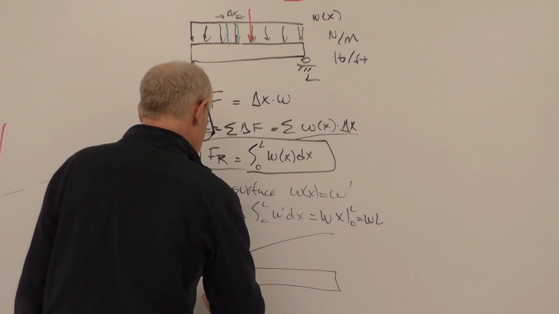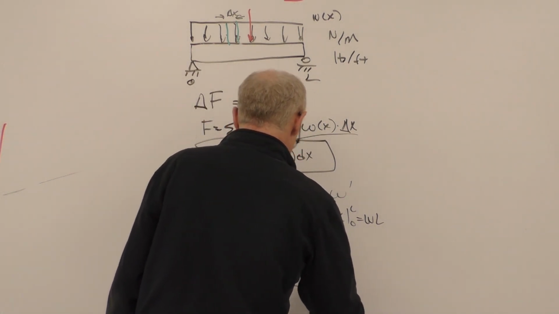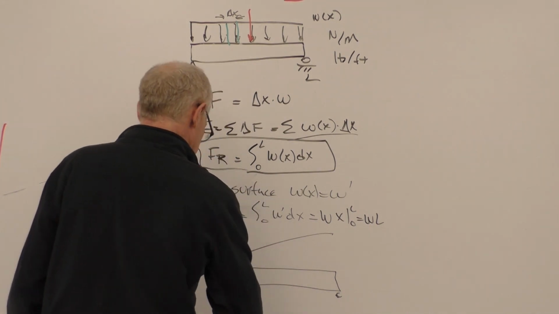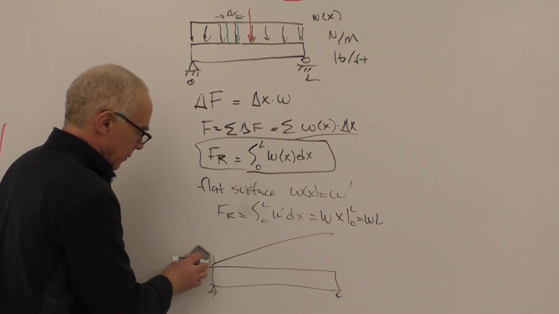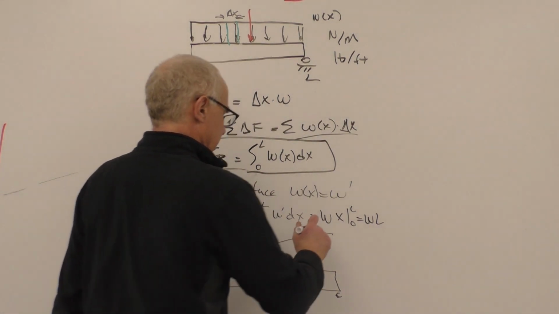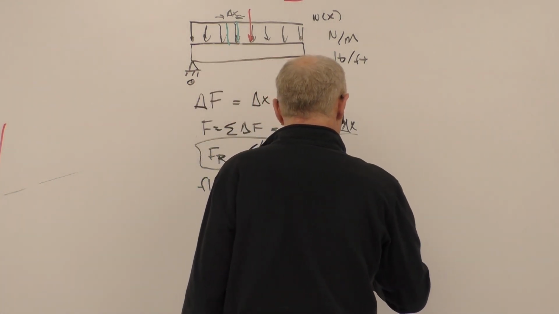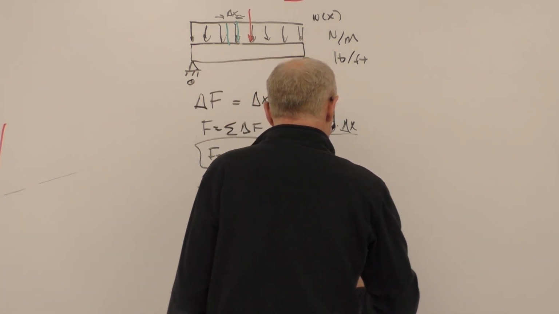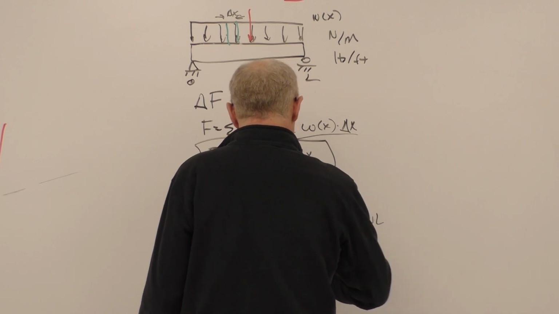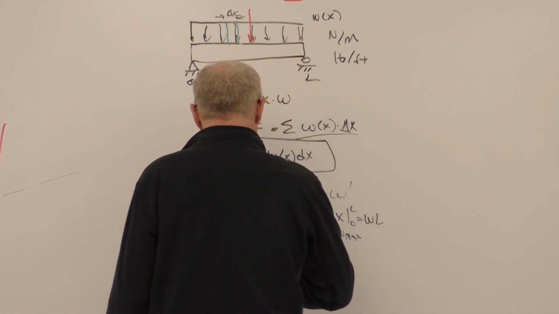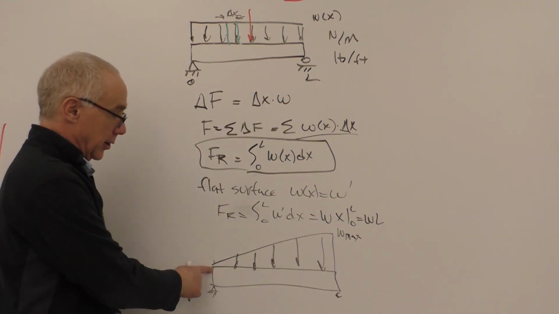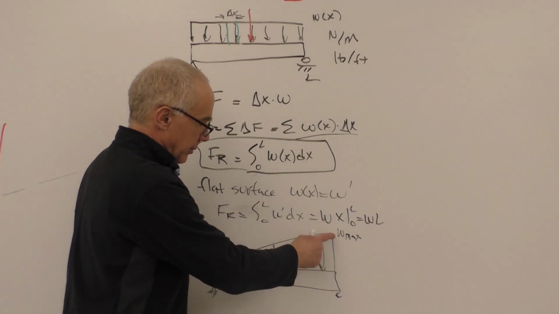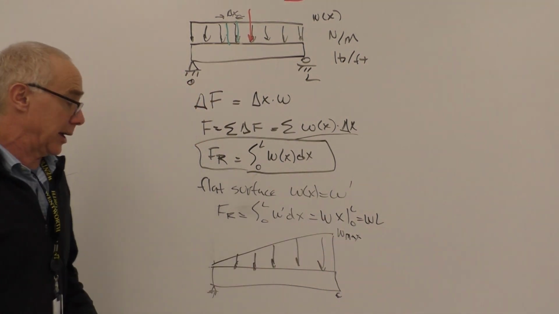We have supports on it again, of course. And here's my W, and over here I'm going to put W max. And so this is my loading. It starts at 0, and it goes up to a value of W max along a straight line.